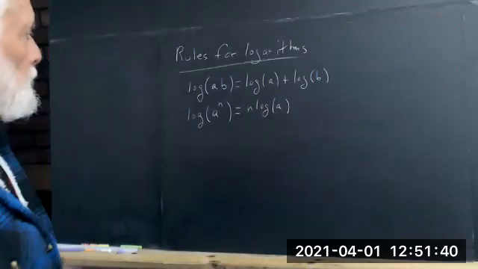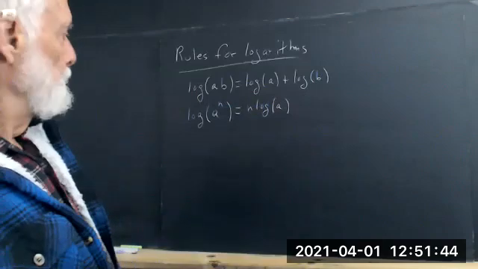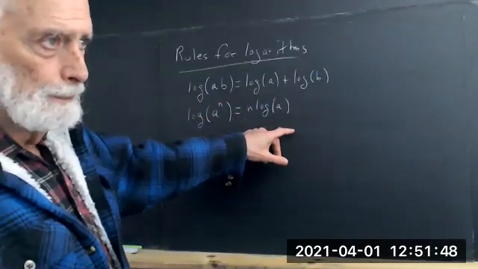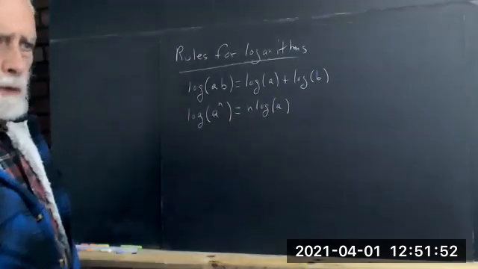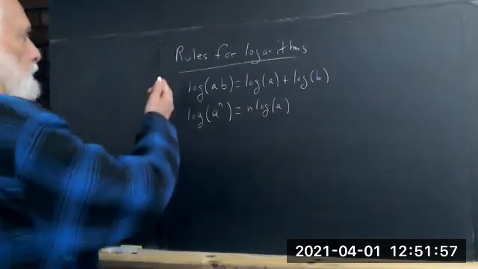The two biggest ones are the log of A times B is the log of A plus the log of B, and the log of A to the n equals n times the log of A. These are related to rules for exponents in a way that I'll probably address, but let's just take the rules.